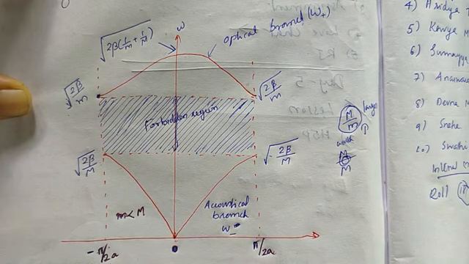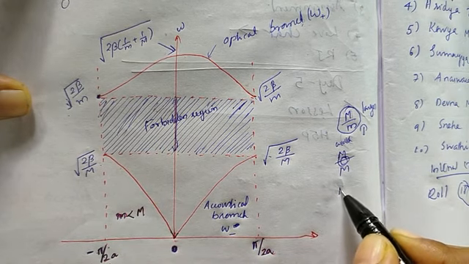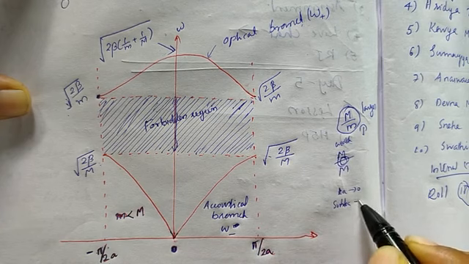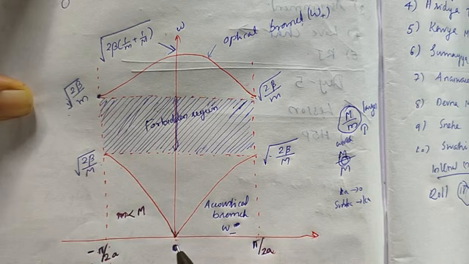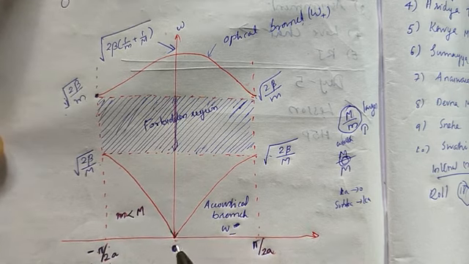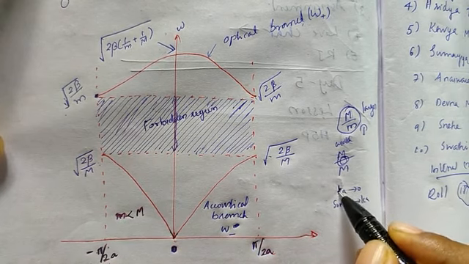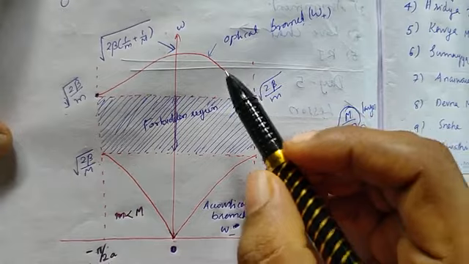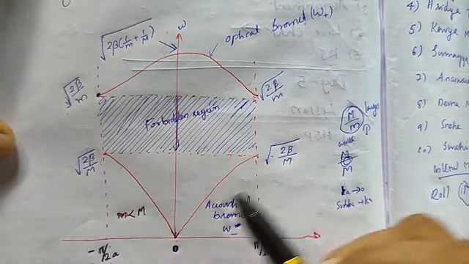Here in the derivation we have assumed Ka tending to 0, so sin Ka is taken as 0 in the case of omega minus, by considering k equal to 0. That's how this graph comes.